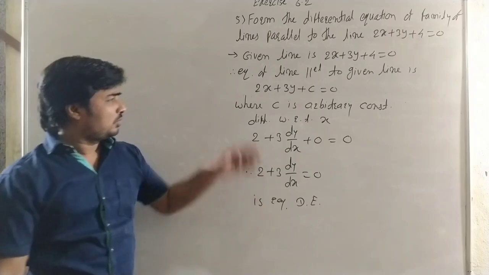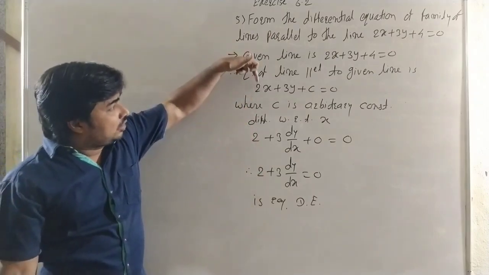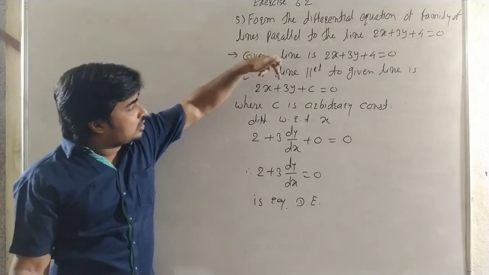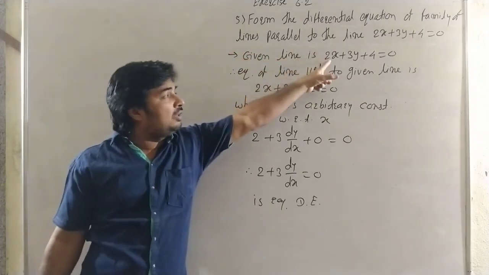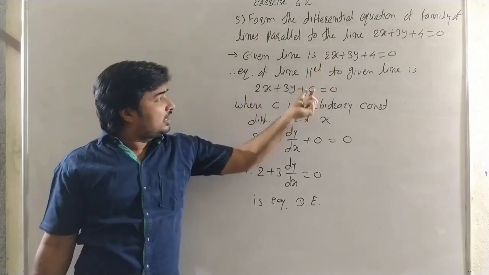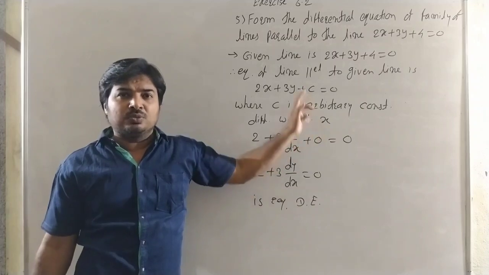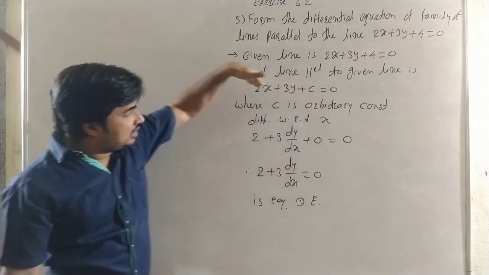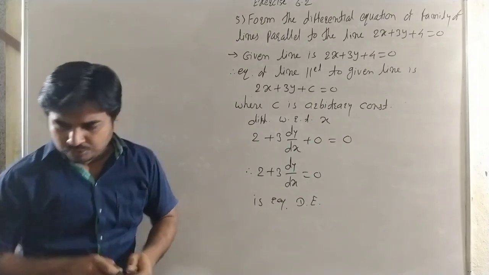Okay, it's a simple question asked for 2 marks or 1 mark also. 2x plus 3y plus c is a family of all lines which are parallel to this line. Here c is arbitrary constant, takes any real value. These are the infinite lines which are parallel to this line. Okay. Now the next example.